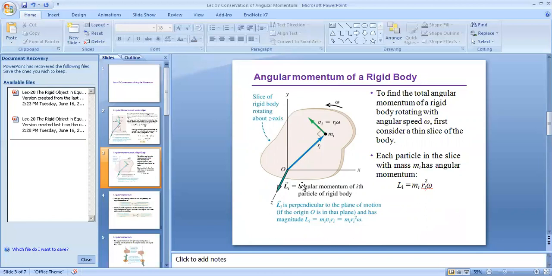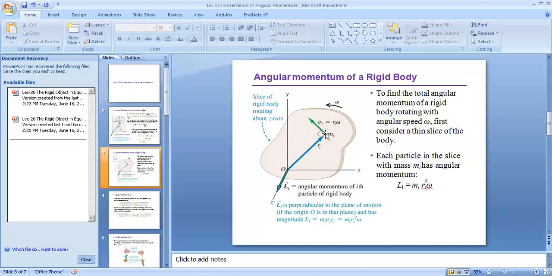Here we will have to find the total angular momentum of the rigid object, which is rotating with angular speed omega about the pivot point O. When we take a particle within the body of the rigid object at this position, the mass of the particle is mi.